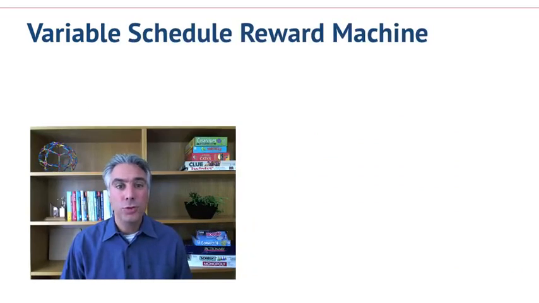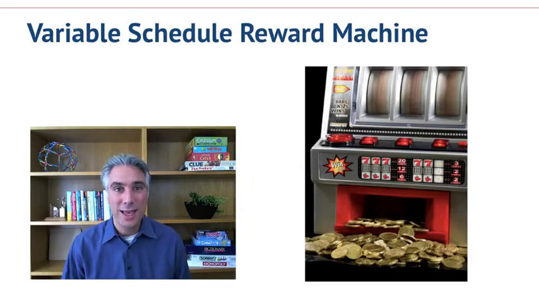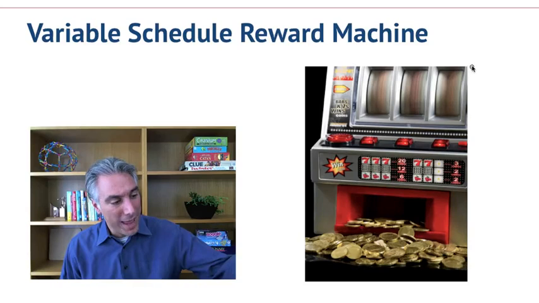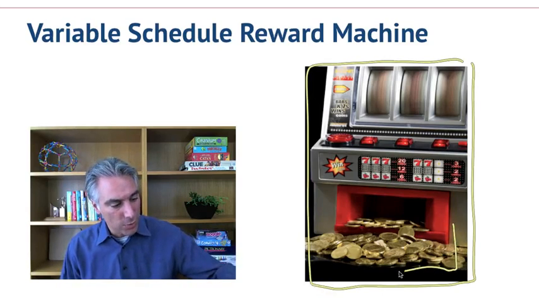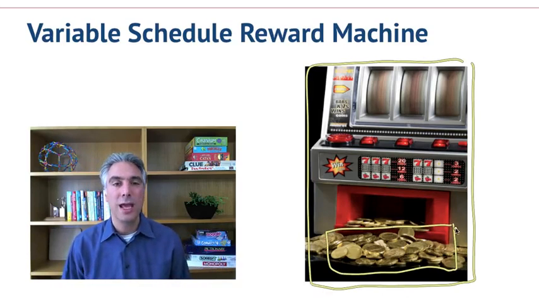Now, variable rewards we see in lots of situations, and probably the most powerful example of a variable reward machine is this thing, the one-armed bandit, the slot machine. It's all about tangible rewards, those gold coins that you get there.